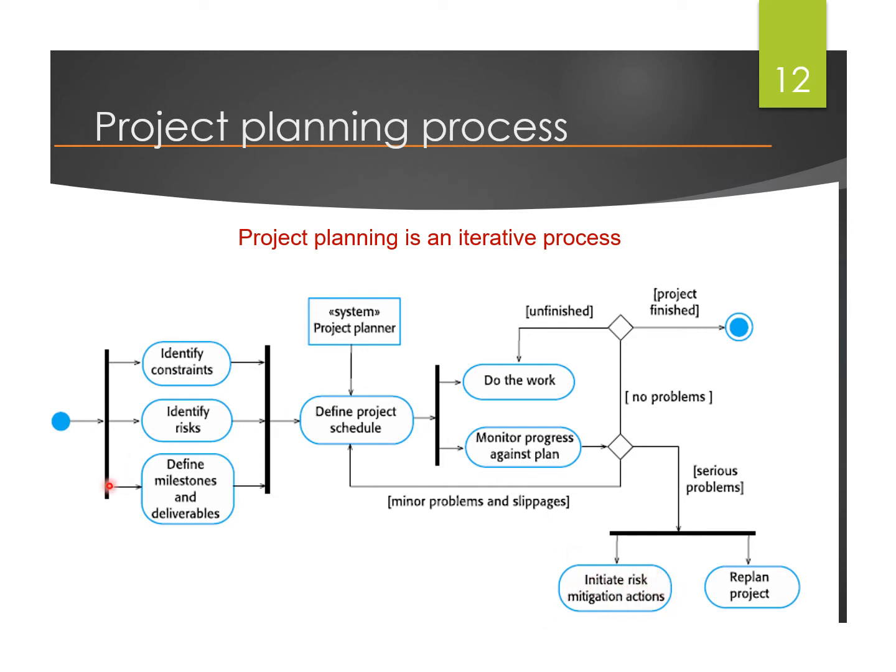We mentioned risk just now, so when you identify the risk, you also think about how to reduce the risk. At this point, you'll be executing actions that will reduce the risk. If nothing happens, it will finish. So basically, the project plan will be refined and changed from time to time according to the progress.